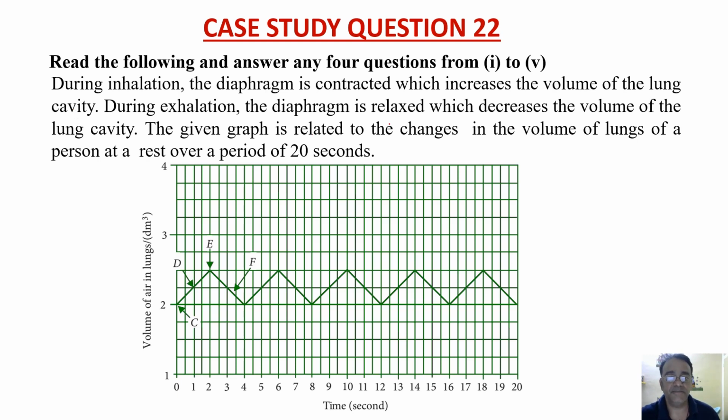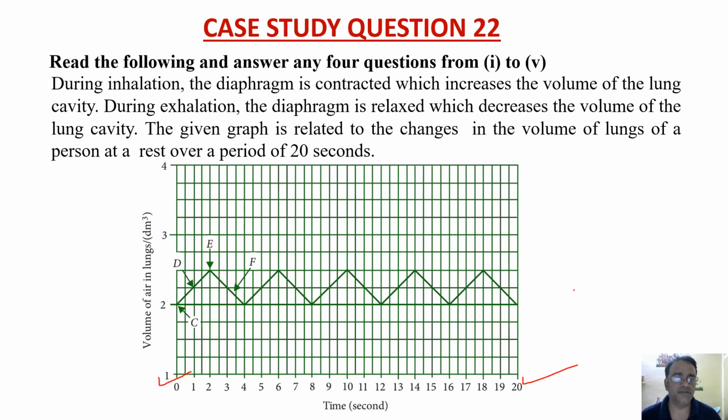During exhalation the diaphragm is relaxed, which decreases the volume of the lung cavity. The given graph is related to the changes in the volume of lungs of a person at rest over a period of 20 seconds. So 1 से लेकर 20 सेकंड तक. ठीक है. Now based on this graph some questions are framed.